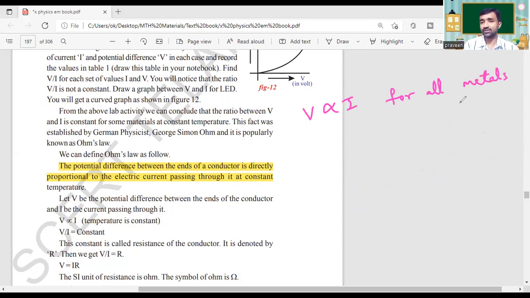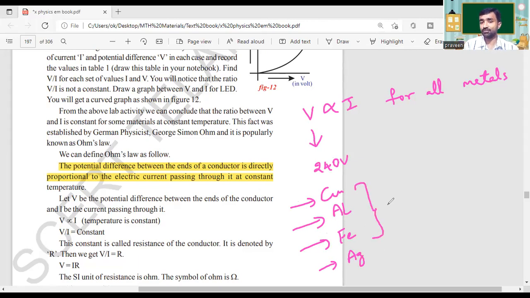For all metals, I said. Suppose you are maintaining a constant voltage, say 240 volts, and you collected wires made of copper, aluminum, iron, or silver if possible.